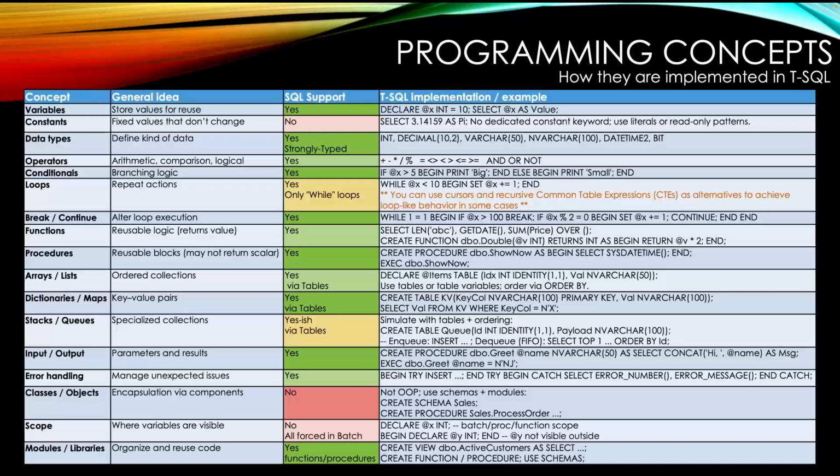Okay. All right. Now here is a quick list that I thought of regular programming concepts. I'm sure we could find more. Maybe you should find some. But here's what I thought of. You'll notice in the middle column there for SQL support, from my view at least, whether those concepts are fully supported or not within SQL. Part of the reason I was doing this is so many people forget that SQL really can do most of the things that we do in programming.